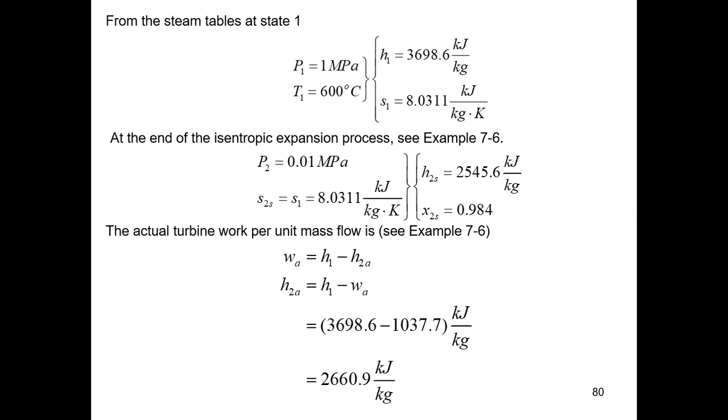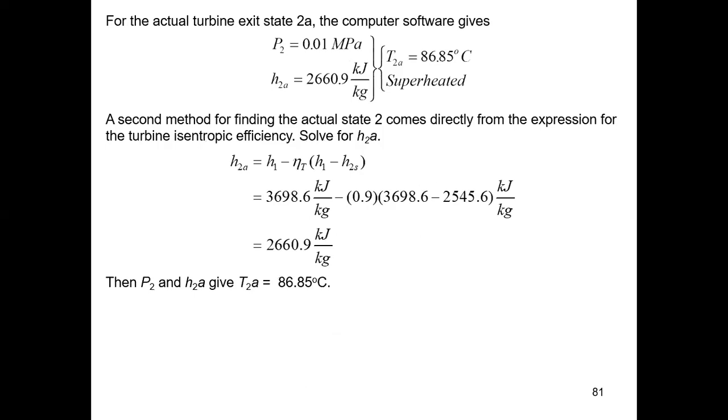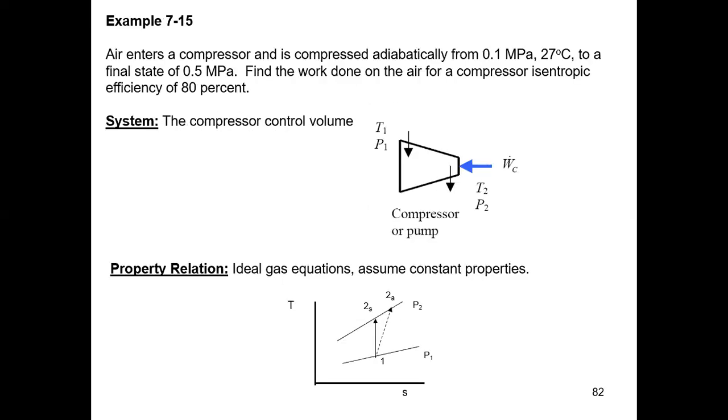At the end of the expansion process, P2 is this, and S2S, the isentropic, equals S ideal, equal to 8.03, from which we can get H2A and X2S. The actual work is WA, H1 minus H2A. So H2A is equal to H1 minus WA, which is 2660.9 kilojoule per kilogram. Second, we will not go into this.